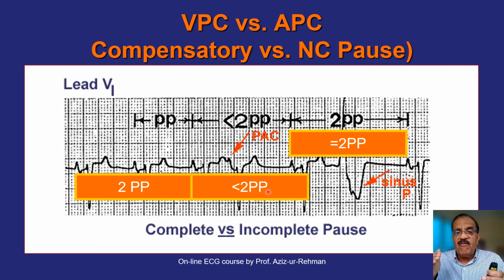Reason: in ventricular premature beats, SA node activity goes on uninterruptedly, but in atrial premature beats, SA node activity is reset, and then the next beat comes after a normal PP interval.